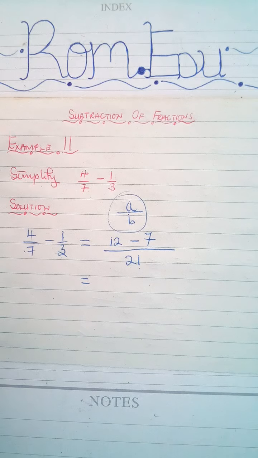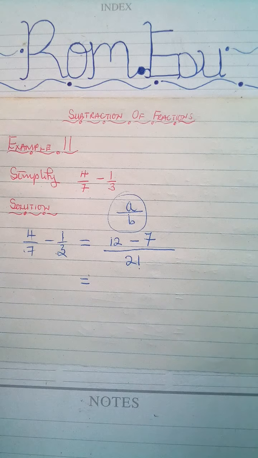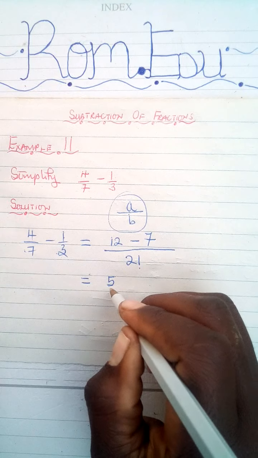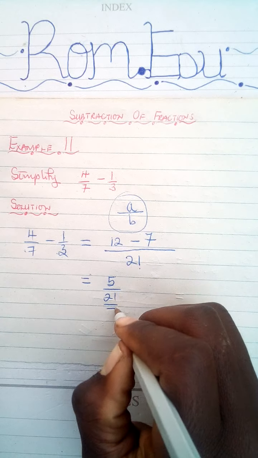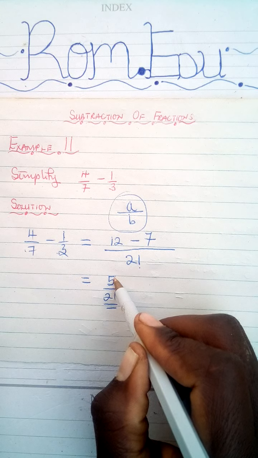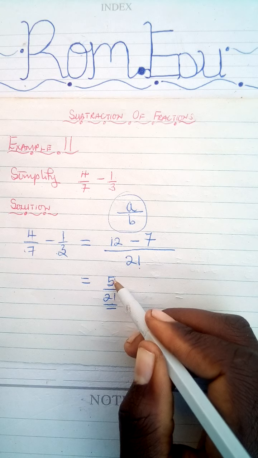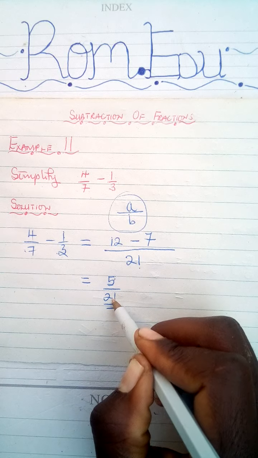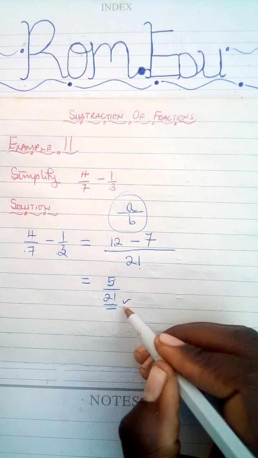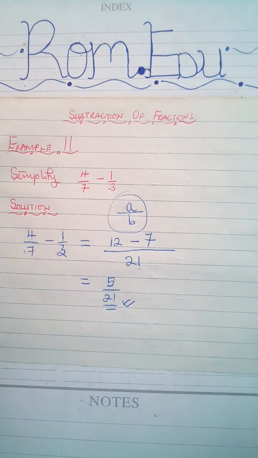So 21 minus 7, what do I get? I get something like 5 over 21. I make sure the numerator is smaller than the denominator and nothing goes into 5 and 21 besides 1. Yes, so it's in the simplest form. My answer is correct and final.